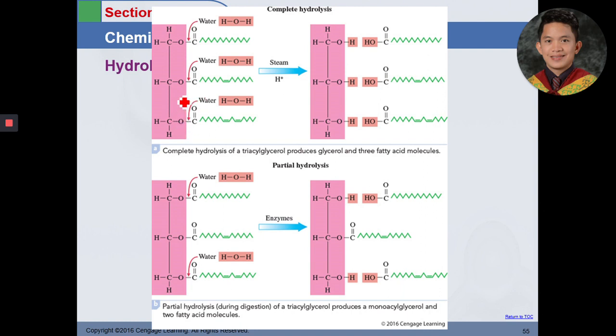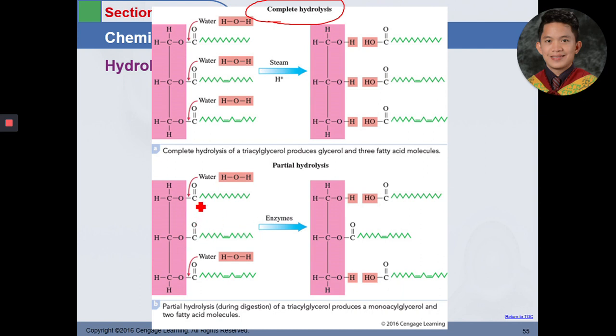Now, if only one or two of the fatty acid molecules are removed from your triacylglycerols, meaning a fatty acid is still linked to your glycerol, then that is what we refer to as partial hydrolysis. So again, in complete hydrolysis, all three fatty acids are removed, whereas in partial hydrolysis, one or two fatty acid molecules are removed from your triacylglycerols.